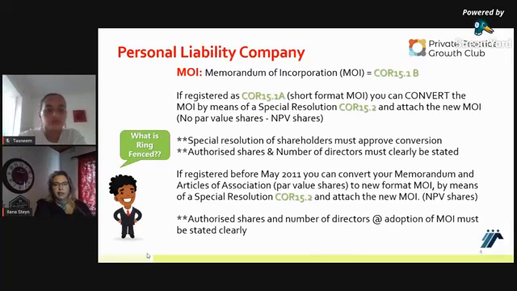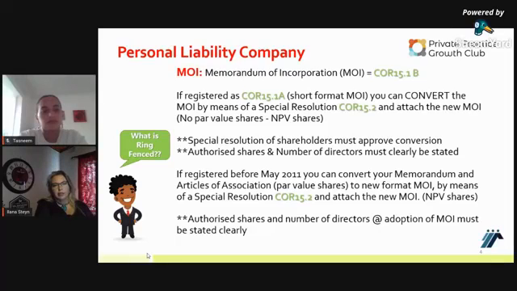Then, interestingly enough, we also said that if you were registered before May 2011, you can always convert your memorandum of association to the new format MOI. So then what we will basically do is once again do that special resolution. So those of you that registered companies way before May 2011 will still remember par value shares.